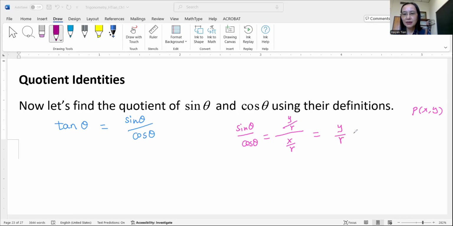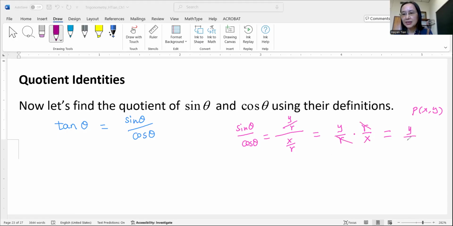positive. y over r divided by x over r is the same as multiplying by r over x. You see, dividing a fraction is the same as multiplying by the reciprocal. So then r is always positive. We can cancel this.